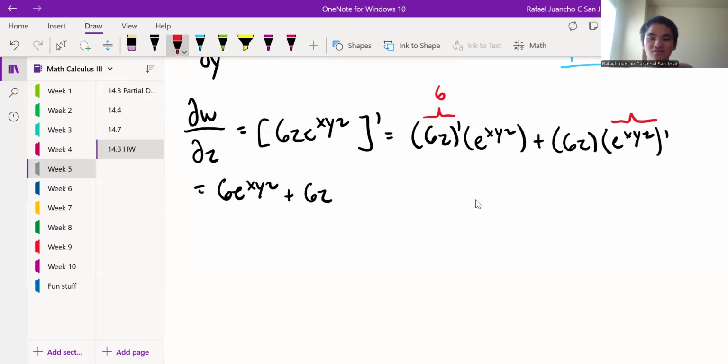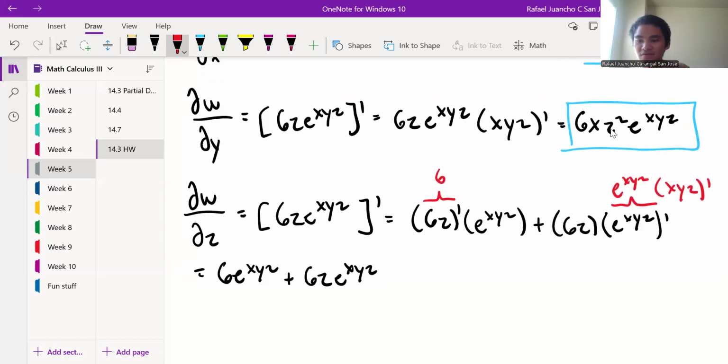Here we have 6z and something. Well, if we take the derivative of that, we actually have e^(xyz), right? Times its chain rule. And here we treat x and y as numbers, so we'll have x and y, times e to the xyz.